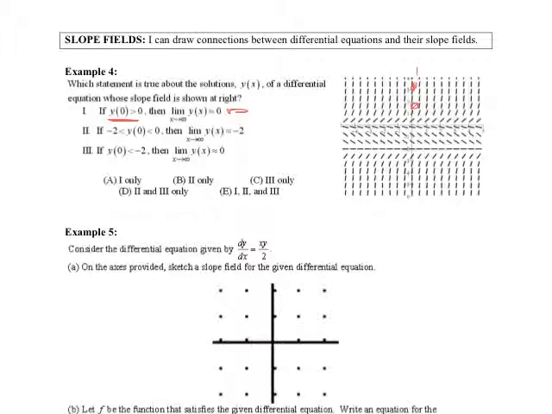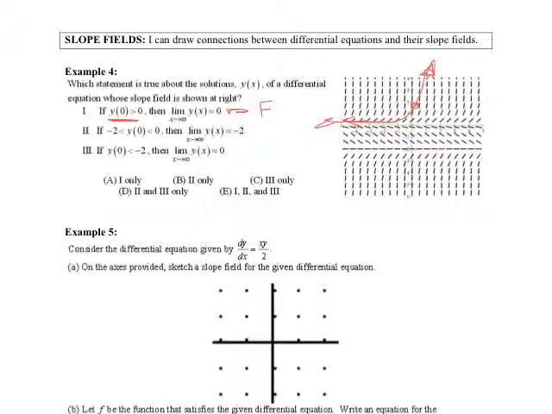Well, if we draw in the curves which satisfy those initial conditions, you get something that looks like that, roughly. And we can see that as we go out to positive infinity, our function grows without bound. So this first statement is false.